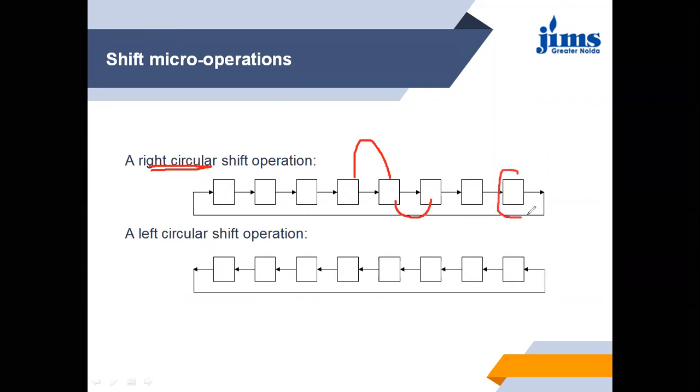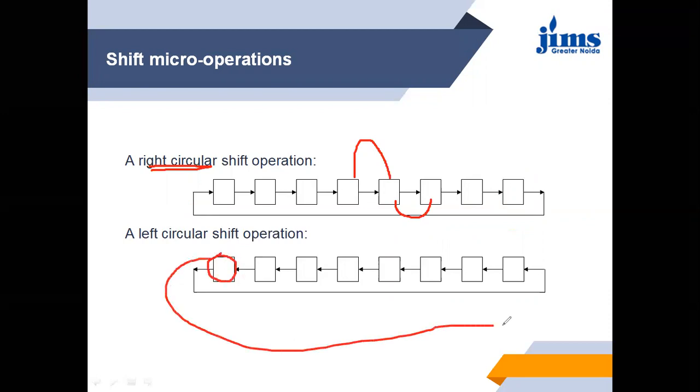But the content of this one goes to the first place, the leftmost bit. And when we are performing the circular left operation, the content of this bit is transferred to the last one. So this is about the circular shift micro operations.